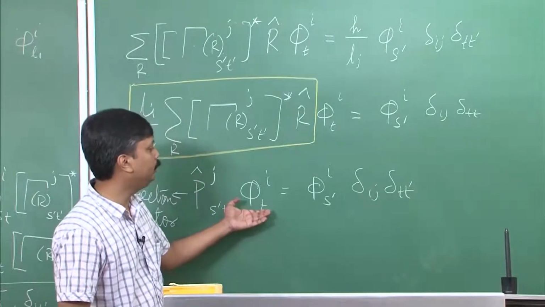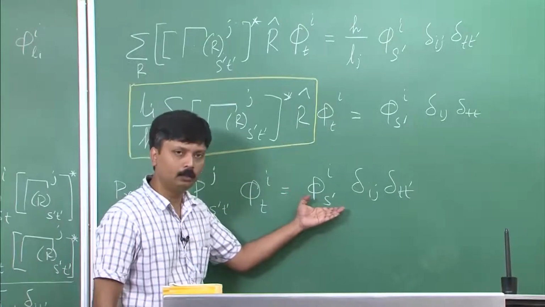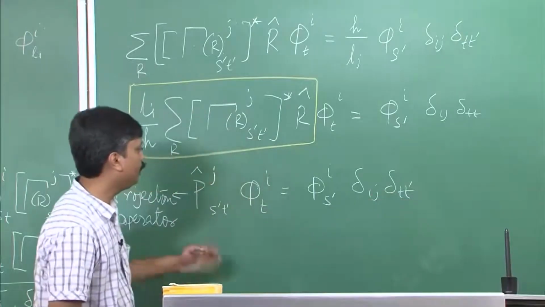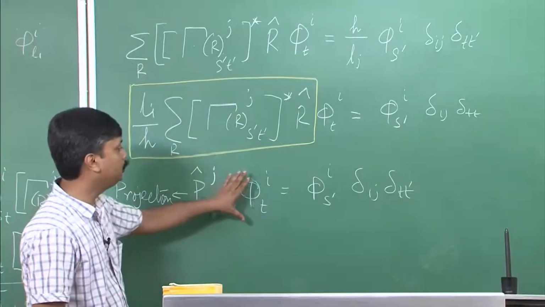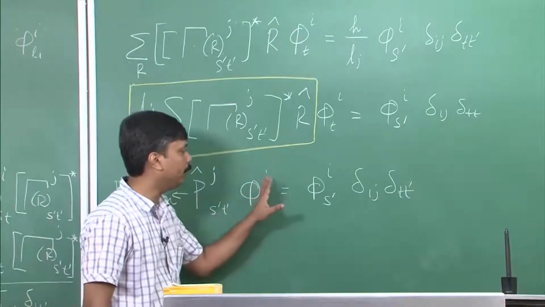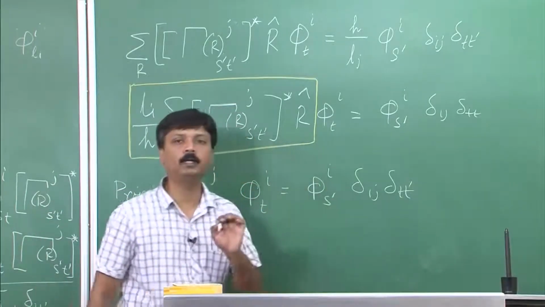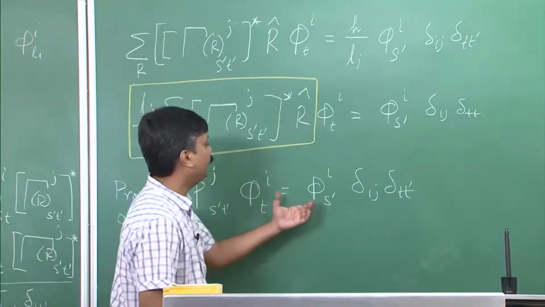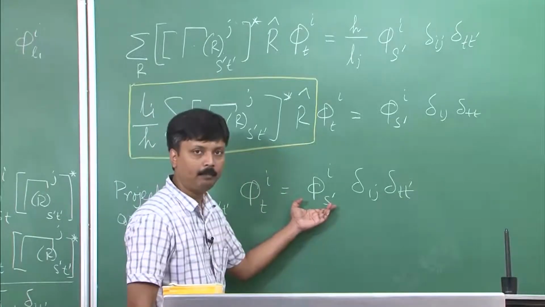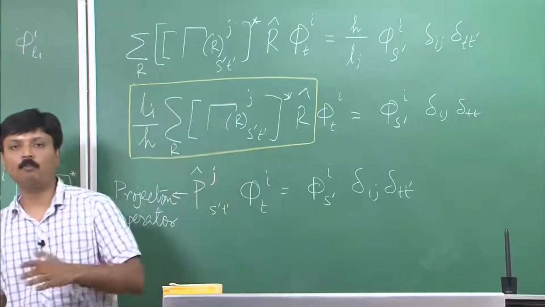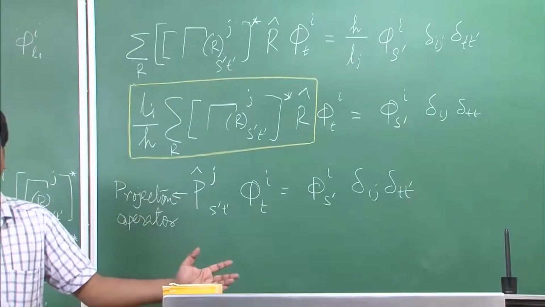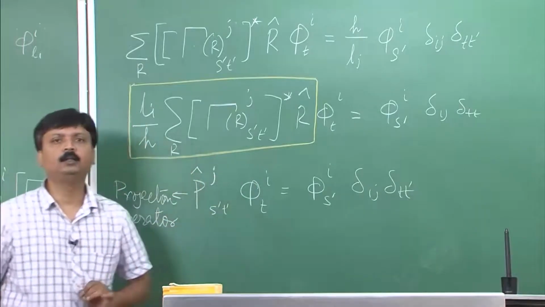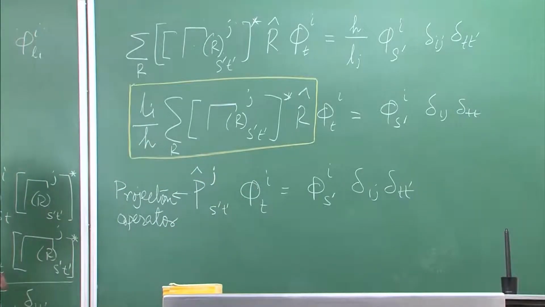Then it will survive, because I have this delta function delta t t prime. Moreover, it has to belong to the same particular irreducible representation. Then I can have this phi s prime being projected out from an arbitrary function or the combination of functions which is given by phi t.